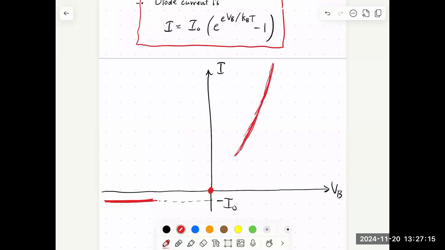And then what we have to do is smoothly connect the two regions, and they have to go through 0. And so it's going to look something like this. And so this approximates the one-way valve.